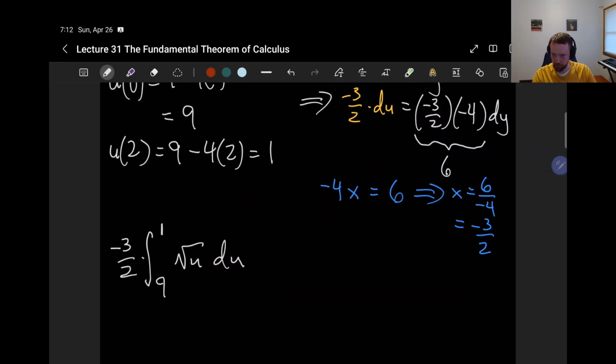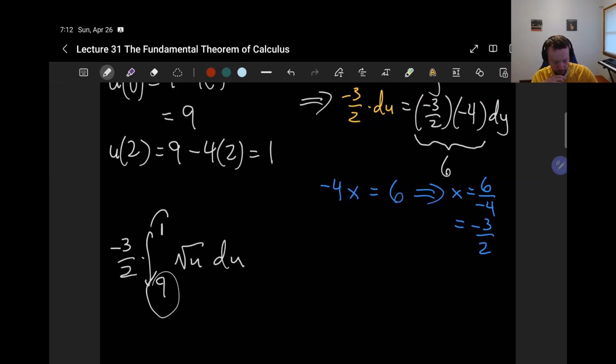Now we can clean this up a little bit. Of course, I can write this square root as u to the 1/2, and that will be helpful for finding the antiderivative. I don't necessarily have to do this next part, but it's nice.